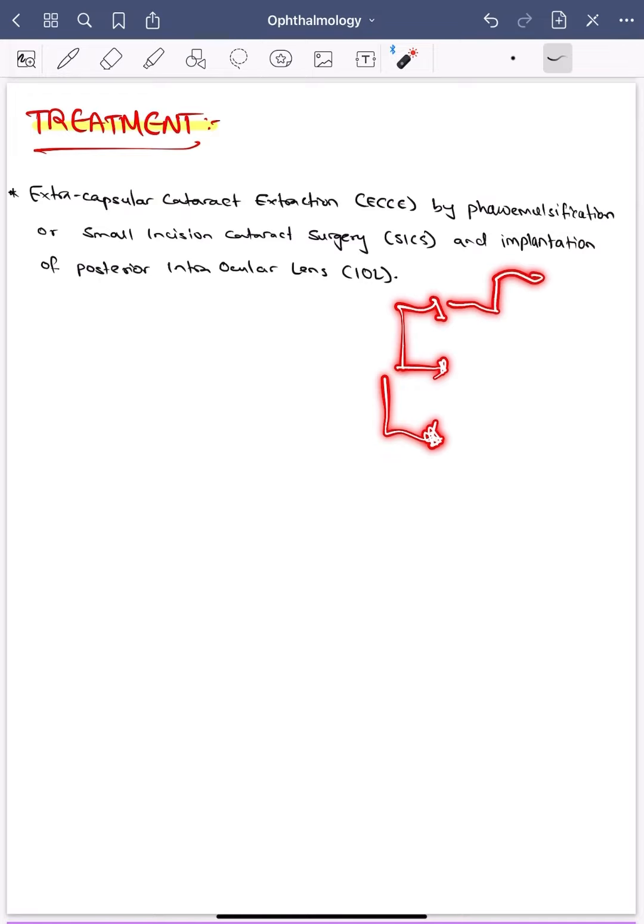Cortical is again of two types, cuneiform and cupuliform. Then we discussed the pathology, where the cuneiform cataract, the cortical cataract, is due to hydration of the lens, leading to coagulation of the lens proteins, which leads to development of opacity. And in nuclear cataract, there is sclerosis of the nucleus.